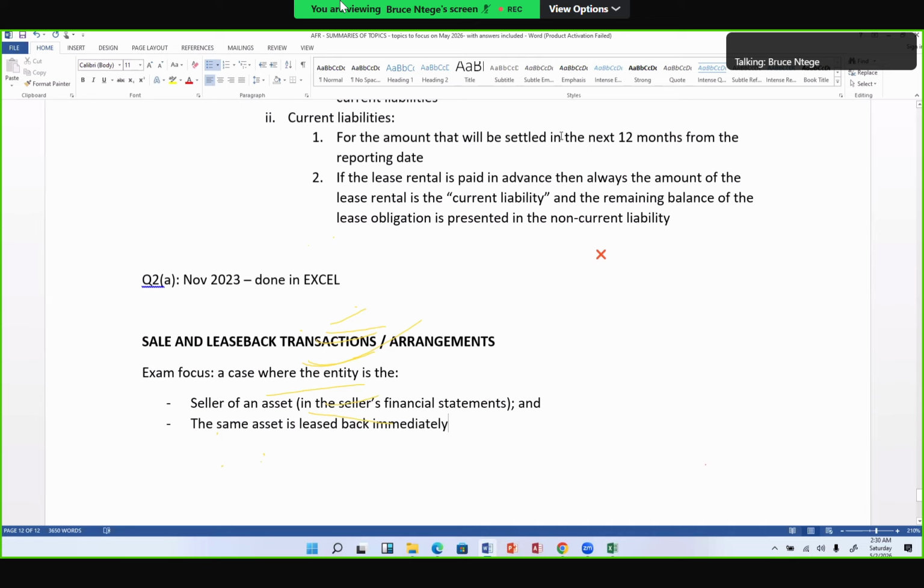So this seller now becomes the lessee for the asset. So the asset was initially legally the seller's asset, but they have sold it off, they have lost legal title, but they're leasing back the same asset. They're leasing back their same asset.